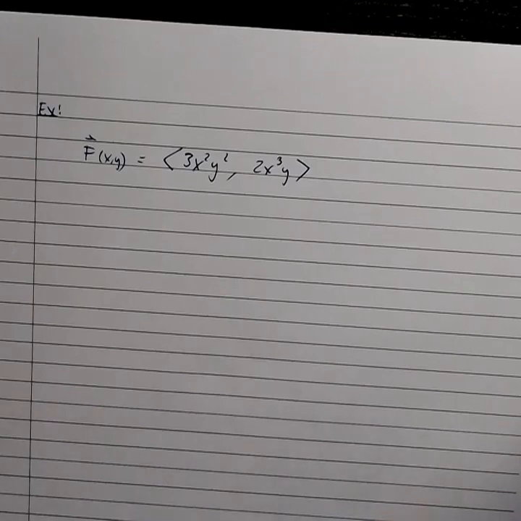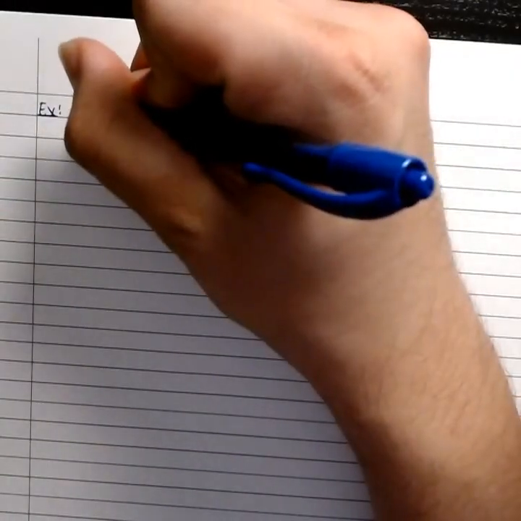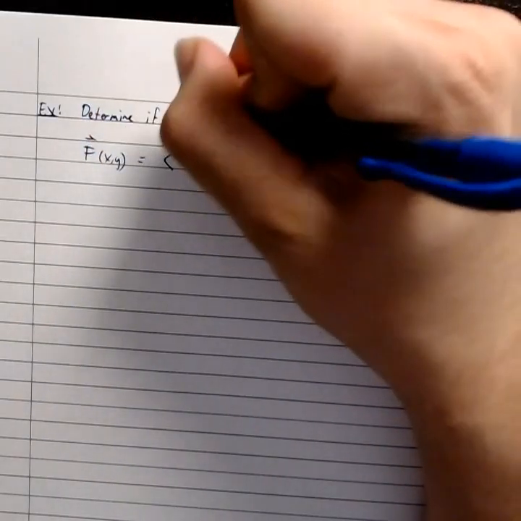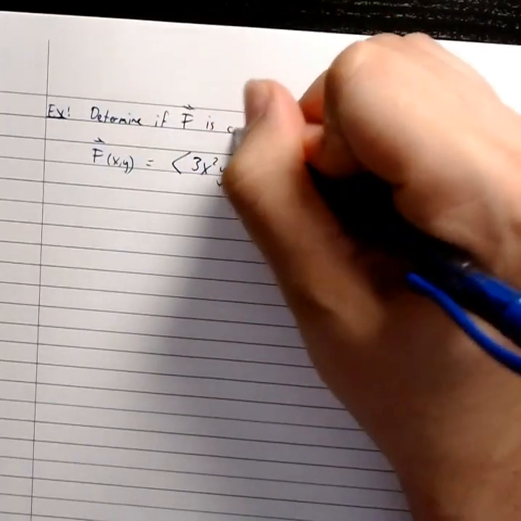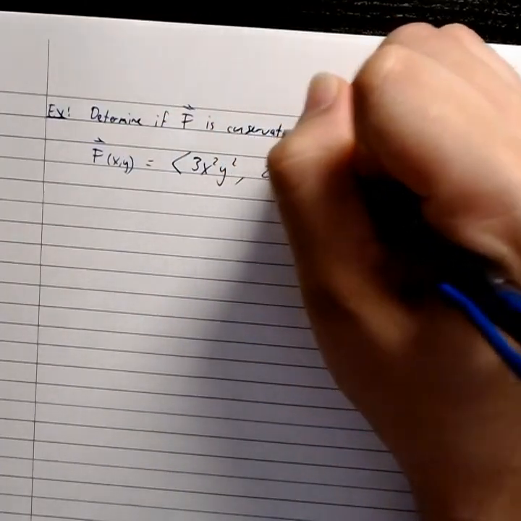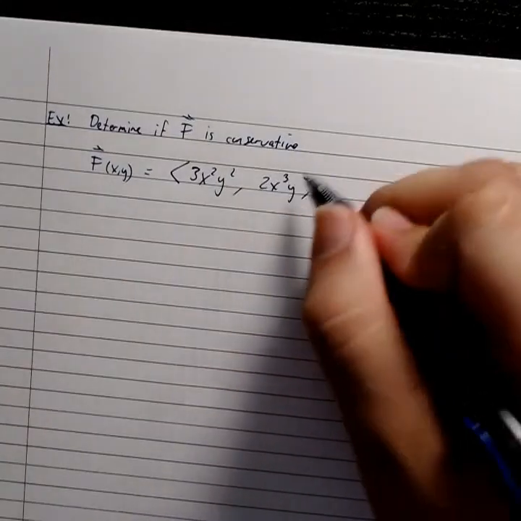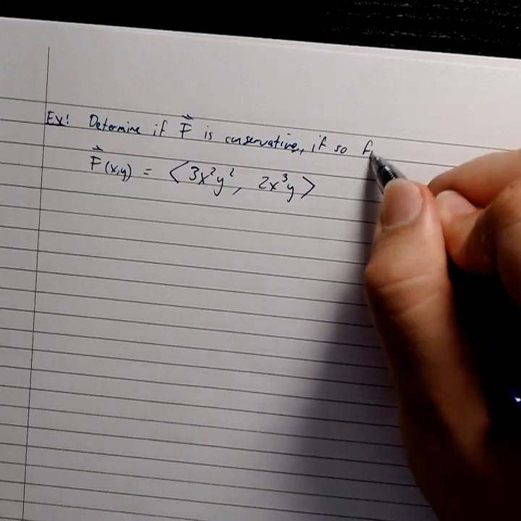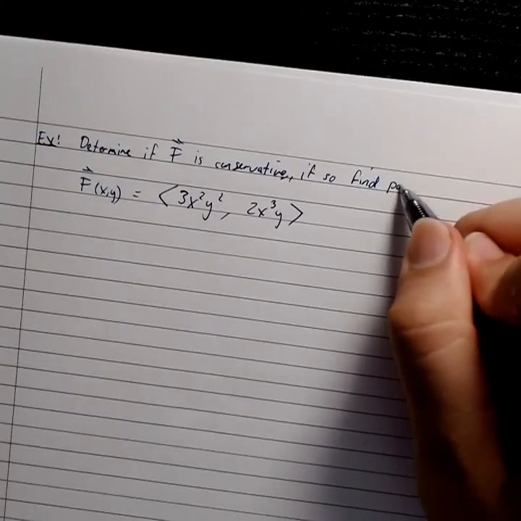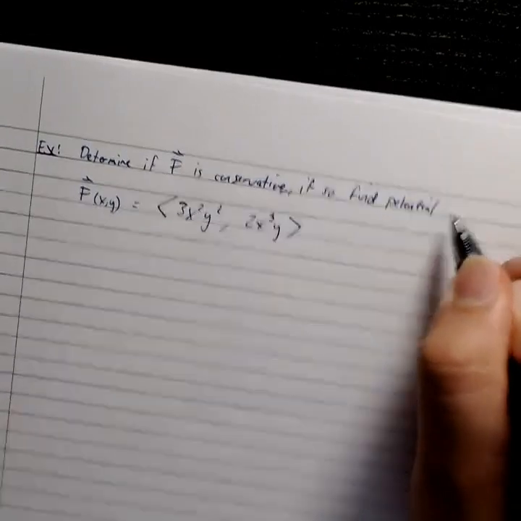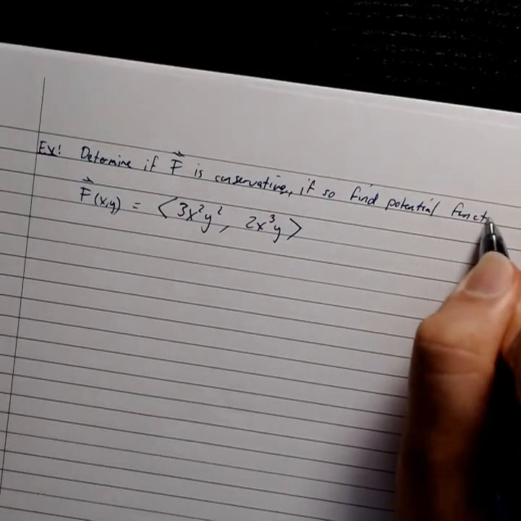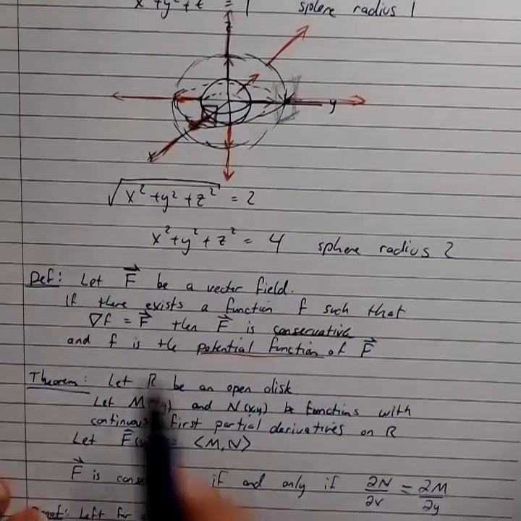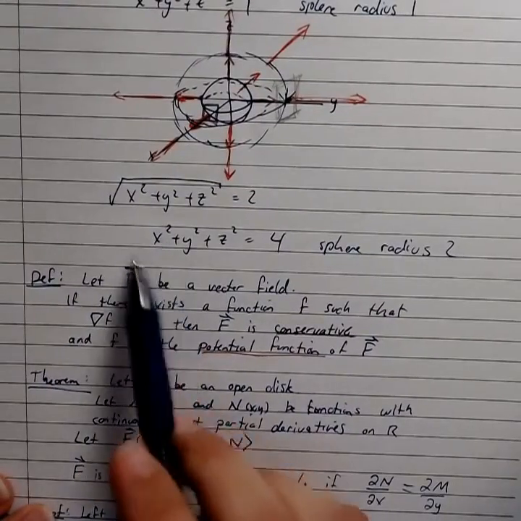If it's not, then we're done. If it is conservative, let's find the potential function. Because after all, that's what it means for a function to be conservative. It means that there is some function whose gradient is this vector field.